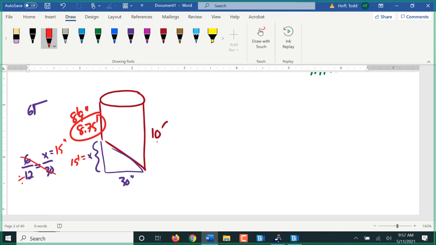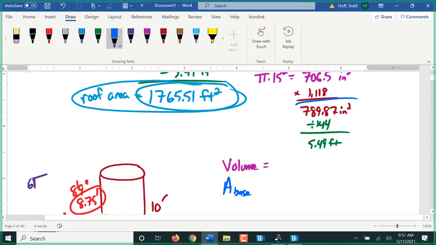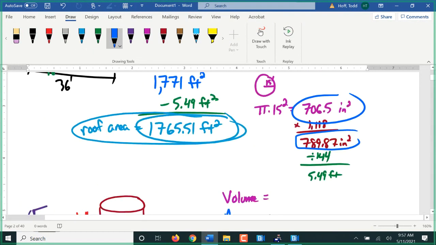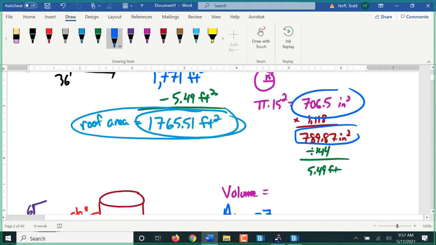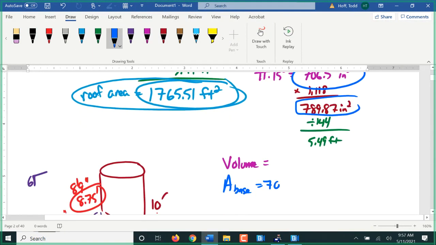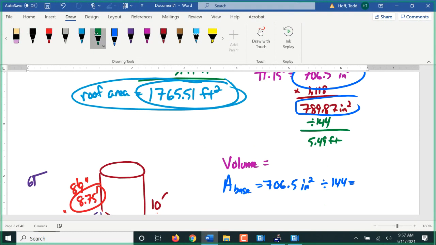Now to find our volume of the chimney, we need the area of the base. We already found that up here. 706.5 square inches. We want the flat base, not the elongated base for the surface. But we do have to divide that by 144 to make it square feet.